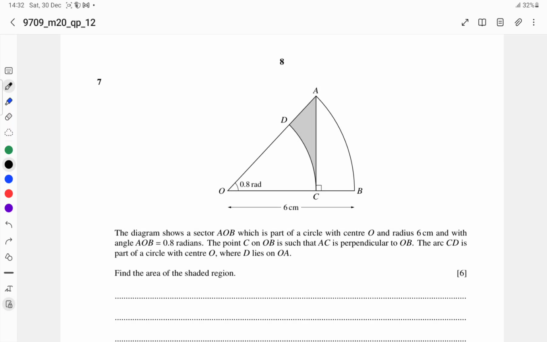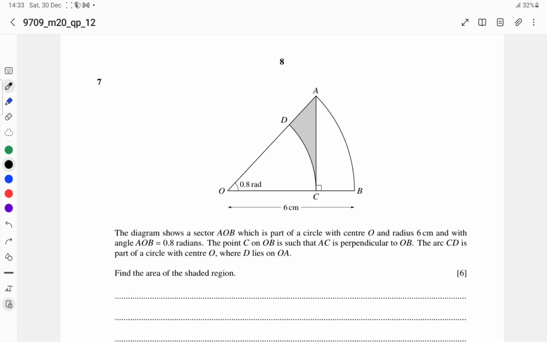We can find the length of this arc, but what are we going to do with it? It's basically useless. Basically, what we need is the area of the shaded region. So for this triangle, how can we find the information? Let me think about it properly.